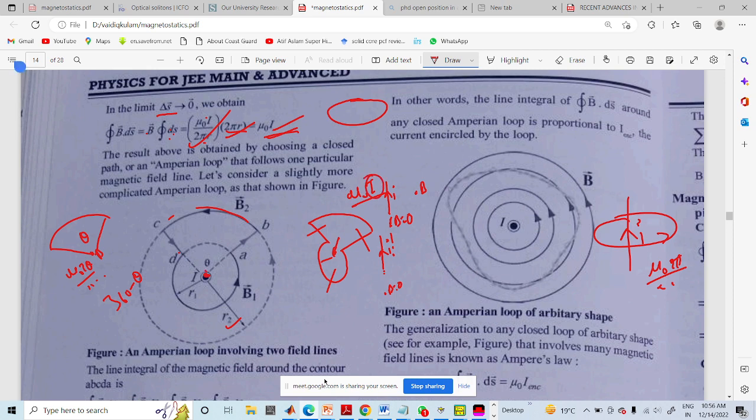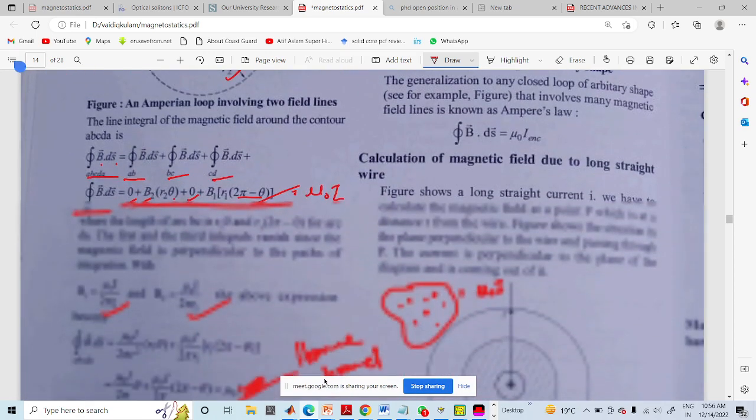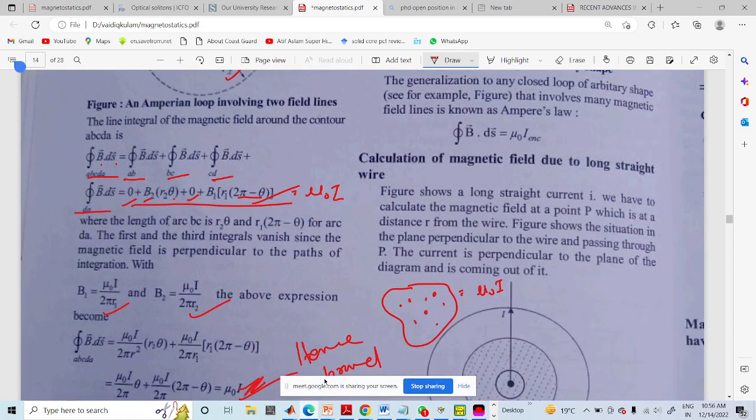If inside it were 2I, then the answer would be 2 mu naught I. So for verification of Ampere's law, we have taken this loop, and from there we calculated mu naught I.